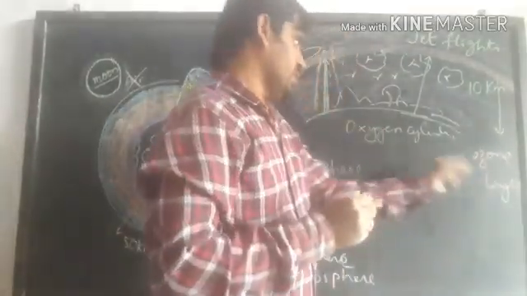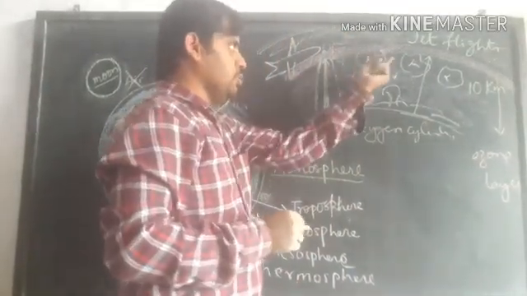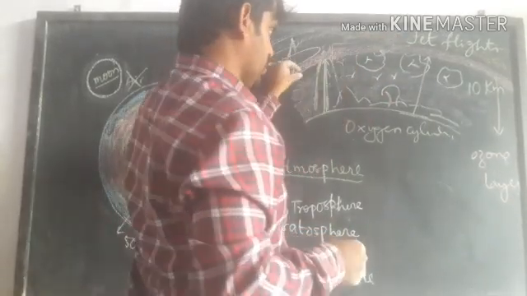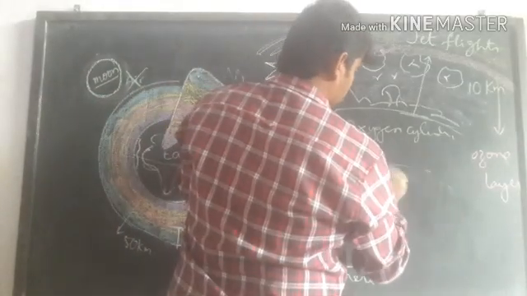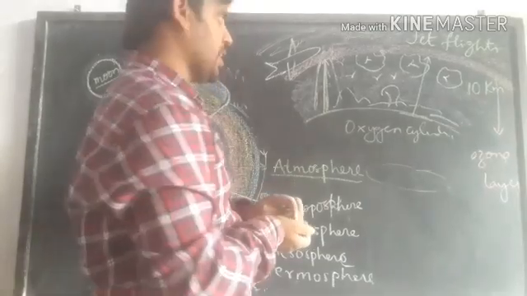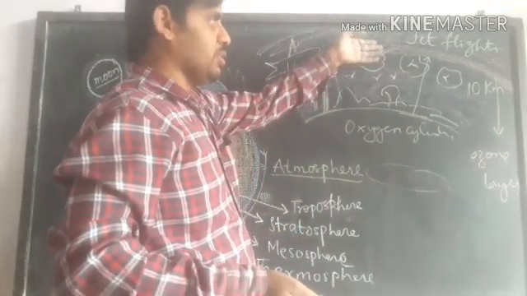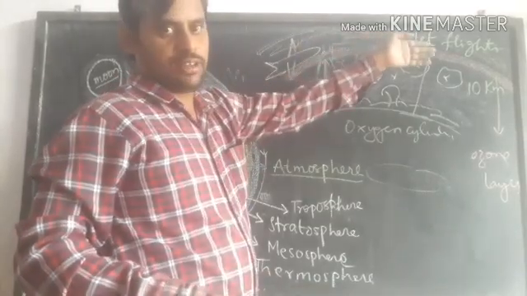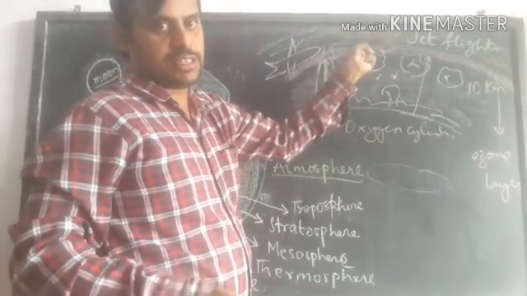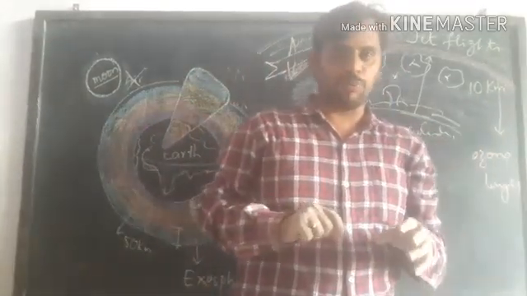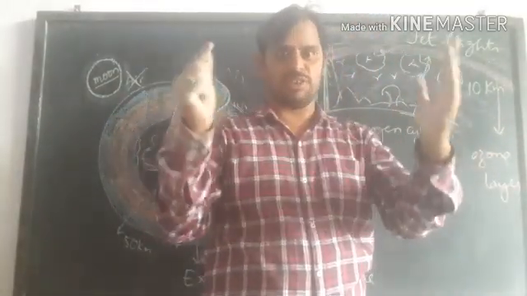Now, when a flight moves in the stratosphere or otherwise in the troposphere, the pilot closes all the doors and windows of the flight. Why do they close? Because there is no air above this ozone layer. Due to lack of air above about 10 kilometers, the air is already filled in the aeroplane and all the windows and doors are closed.